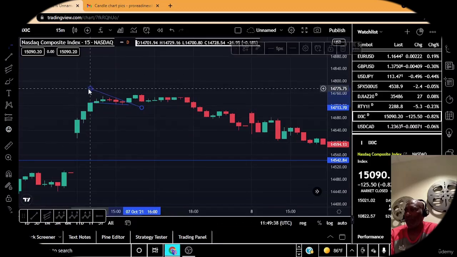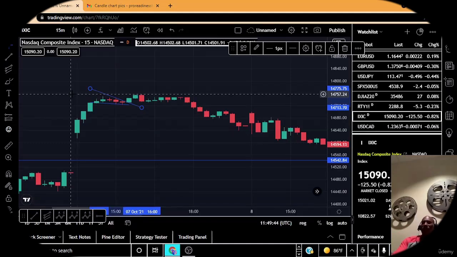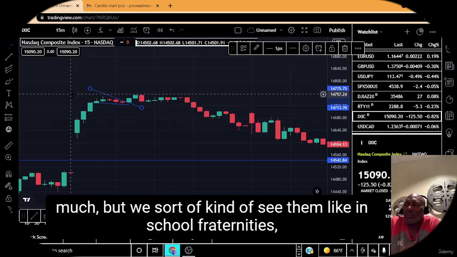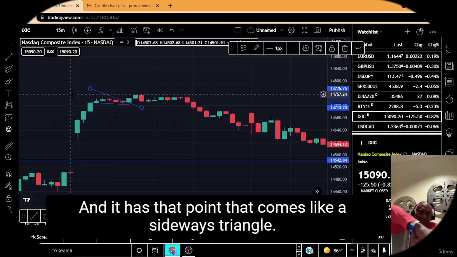And what do we have? We have what is called the pennant. Pennant is just a flag. I don't really see them that much, but we sort of see them in school fraternities, and they have the pennant flag, and it has that point that comes like a sideways triangle.